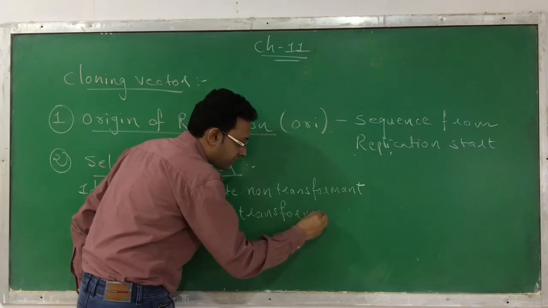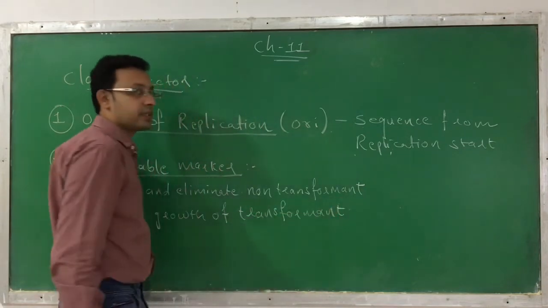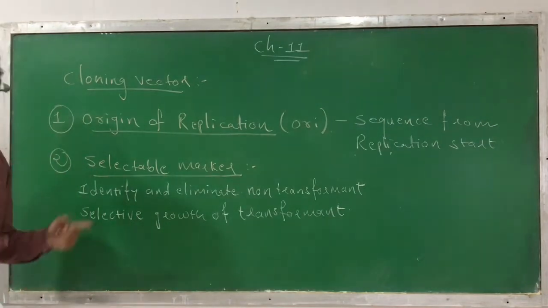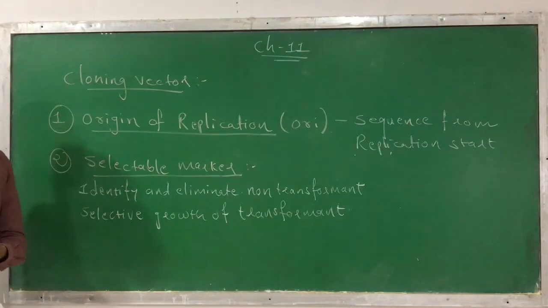They allow the selective growth of the transformant, which means this transformant bacteria will easily grow. This is the purpose of the selectable markers.